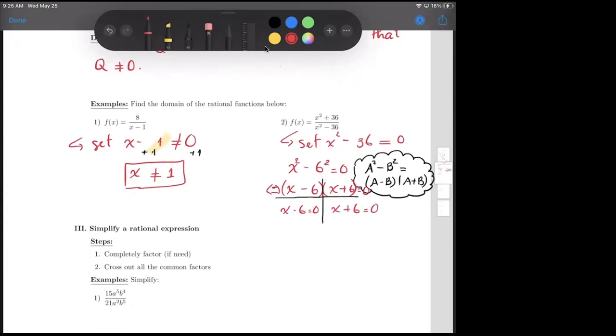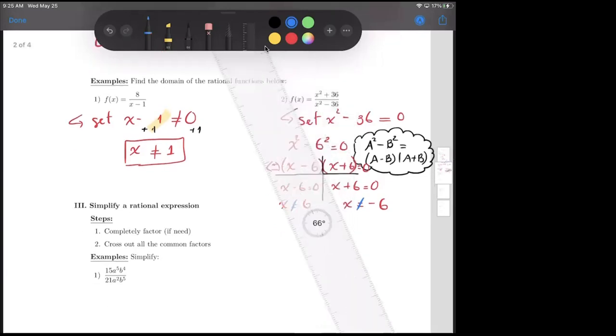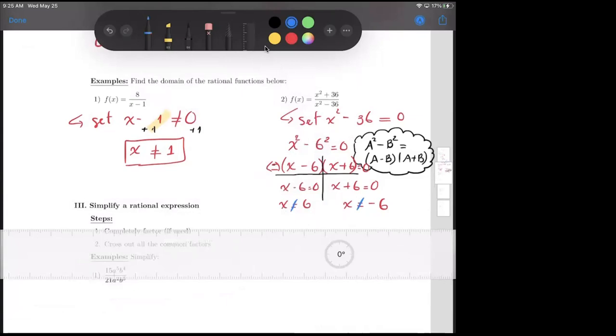If there are 2 numbers multiplied and the result is 0, either one of them has to be equal to 0 or both. So add 6 to both sides, I have x equals 6 here. Add negative 6 to both sides, I have x equals negative 6 here. And at the end, you say not equal to. So x is everything but 6 and negative 6, right? On the number line, maybe I'll show you how to graph it here.